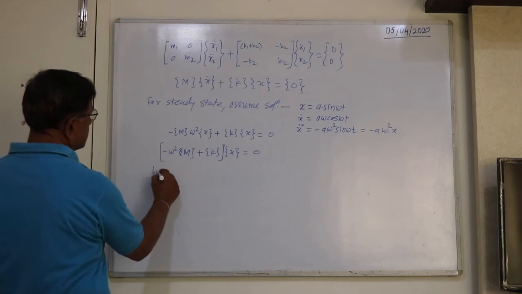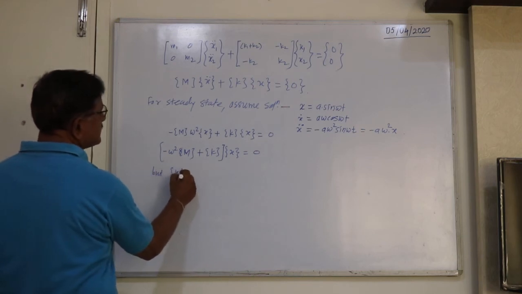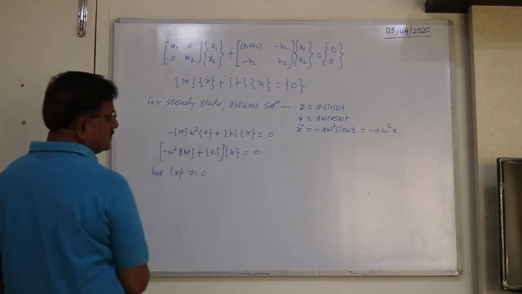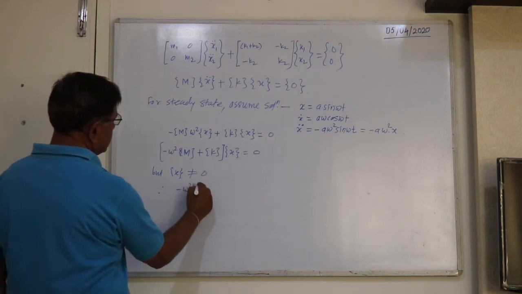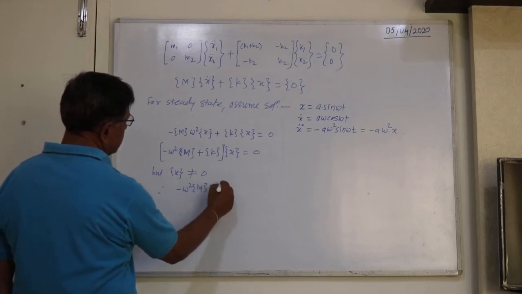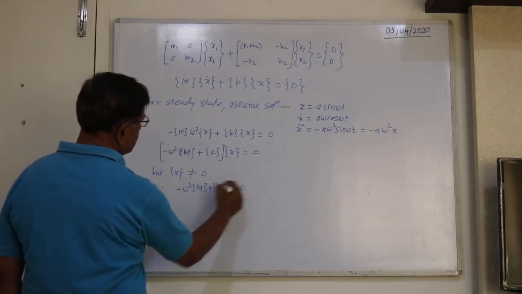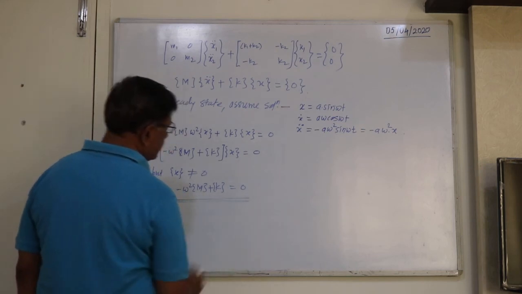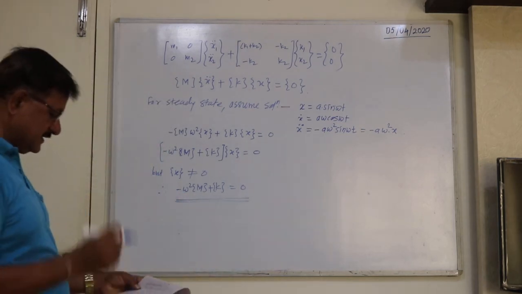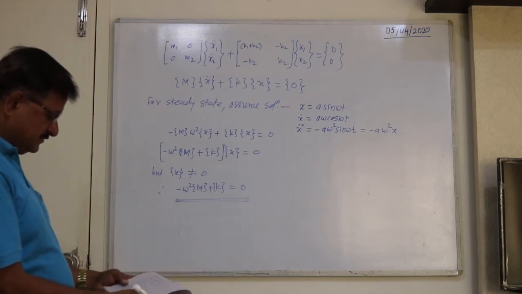But x is not equal to 0, otherwise a solution will not exist. Therefore, minus omega square M plus K must be equal to 0. So this is called the eigenvalue problem.